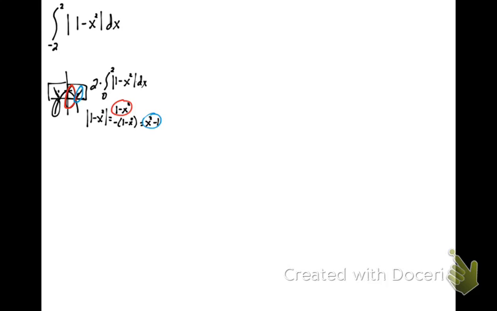That means that our integral is really two parts. So I'm doubling both of these integrals: the integral from 0 to 1 of 1 minus x squared dx plus the integral from 1 to 2 of x squared minus 1 dx. And you'll notice I'm not sure why I would consider using u-substitution here.